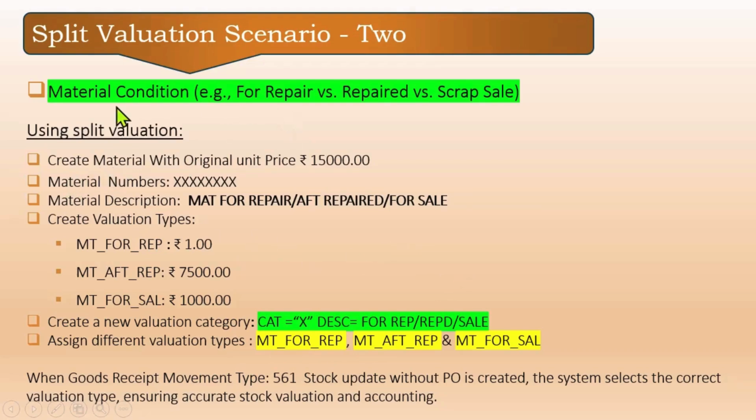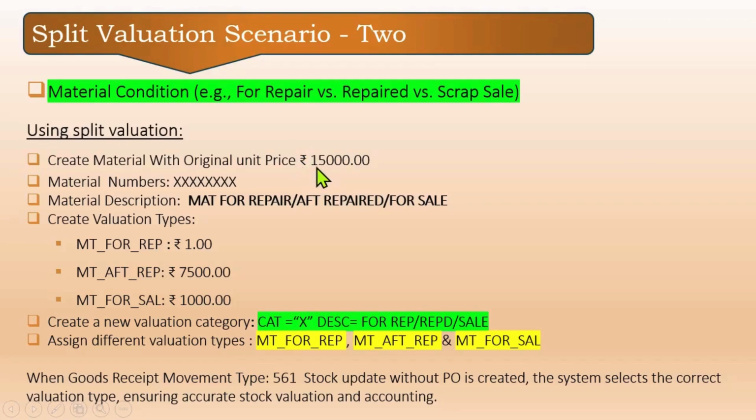So, material condition example: material for repair will be our price 1, material after repair will be our price 2, and scrap, which is obsolete material for sale, will be our third price. Fresh material price will be 15,000. Just take this as an example. Rupees is the currency we are following here, because our company code currency is INR.